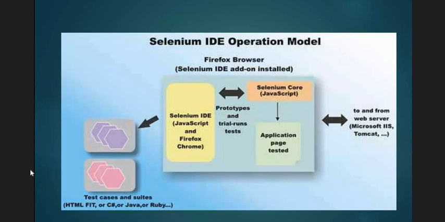Selenium IDE is just an add-on that we need to install in the Firefox browser, and we can see the internal activity here. Whatever action the user performs through the Firefox application, it will simply record those user actions, and if we play that test again, then we can see the user activity.